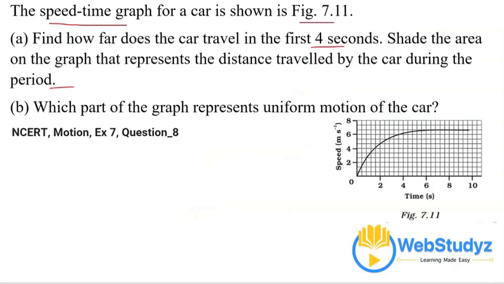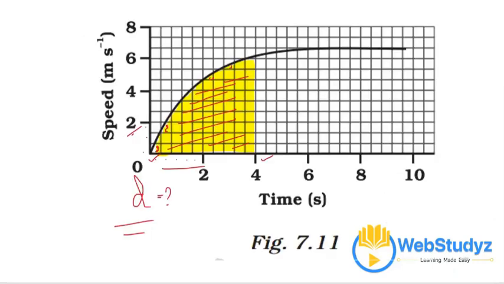Now, the B part is which part of the graph represents uniform motion of the car? Again, we can see here that after 6 seconds, this position, the car moves with a uniform speed.